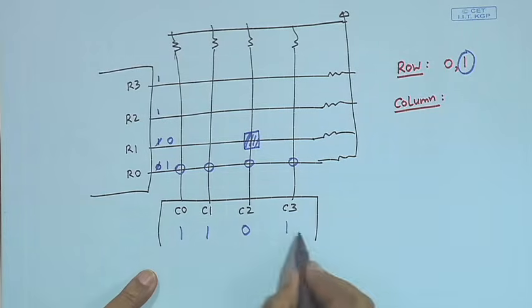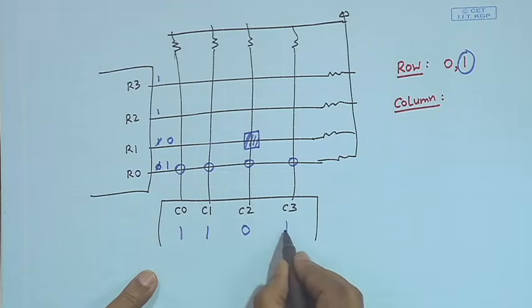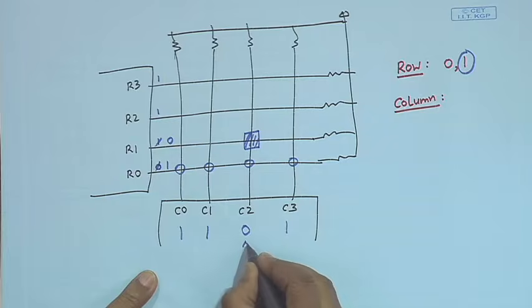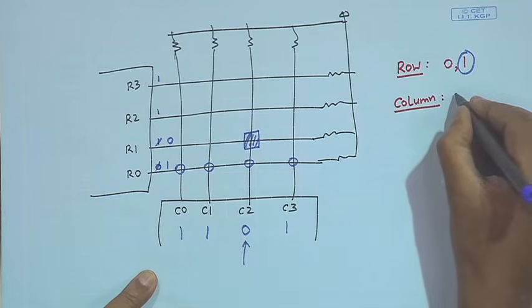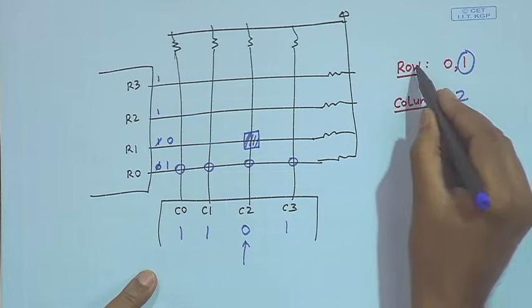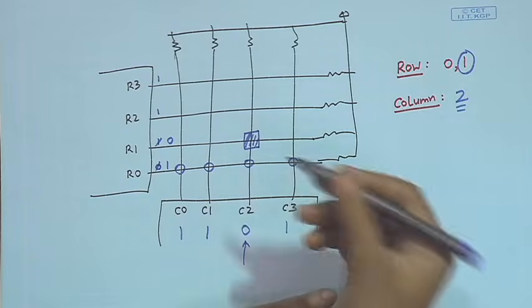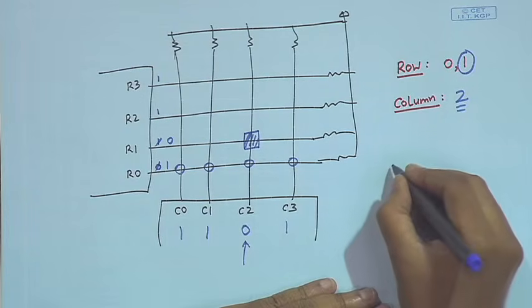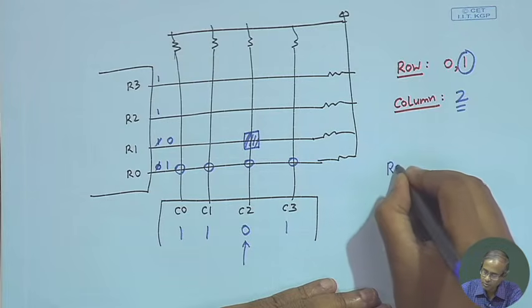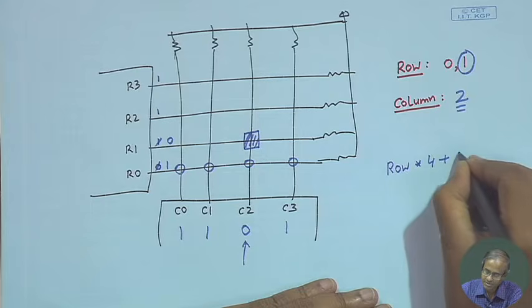In whatever I have received, I check which bit is 0. I check bit number 0, 1 and 2, and bit number 2 is 0. So, I set the column number to 2. So, I have got the row number and column number. I can define a key code like this: row number multiplied by 4 plus column number.